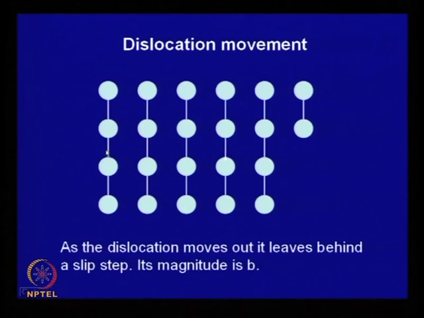The dislocation moves out of the crystal, leaving behind a slip step, and the magnitude of this slip step is the same as that of the Burgers vector.